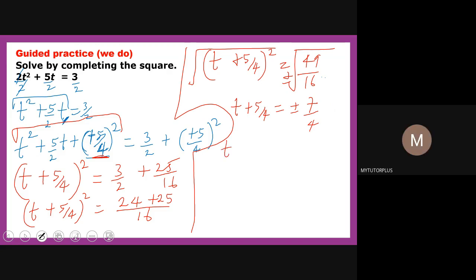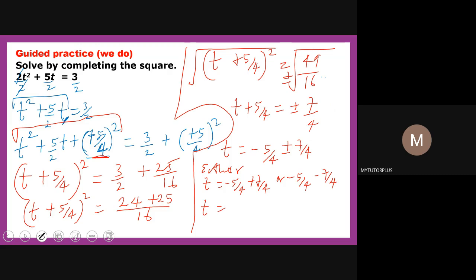I'm going to have t equals minus 5 over 4 plus or minus 7 over 4. I can move on. Yes. Then we can now have either t equals minus 5 over 4 plus 7 over 4 or minus 5 over 4 minus 7 over 4.